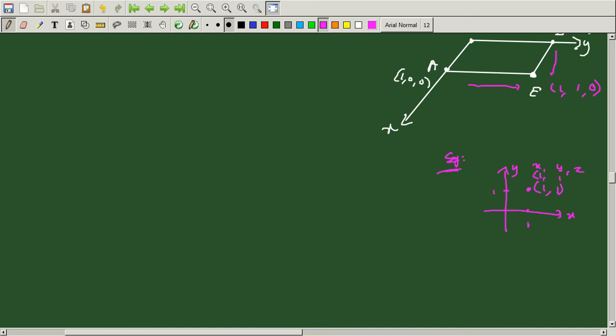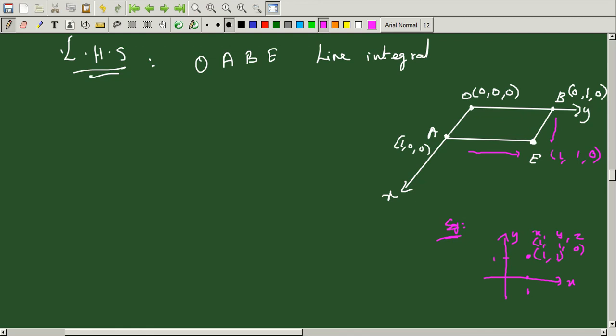That's why it is 1, 1, 0. The same thing we considered here. This is the x-axis, this is the y-axis, and this point is called 1, 1. There is no z-axis, that's why this value is 0. So this is the procedure for how I'm taking this E point. That is very important here.